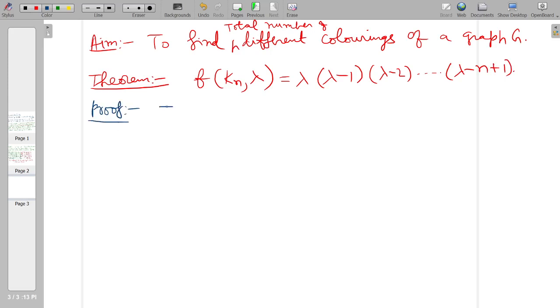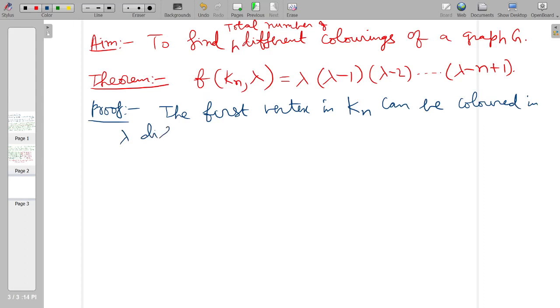The first vertex in Kn can be colored in lambda different ways. I can assign any one of the colors to the first vertex.